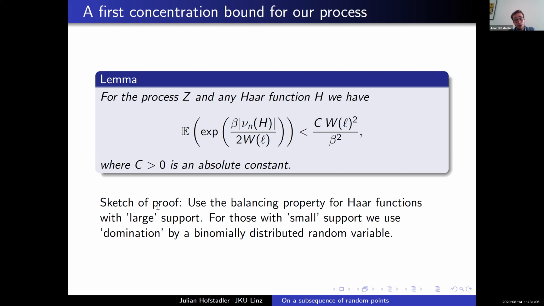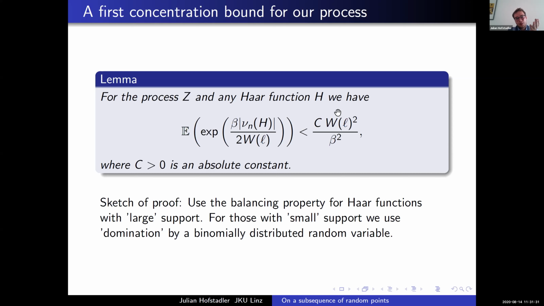And for half functions which already have very small support, we use some kind of a domination argument by a binomially distributed random variable. And in both cases, we end up with this very nice concentration bound.